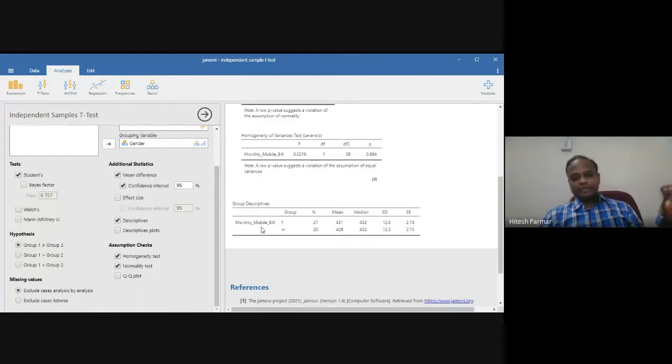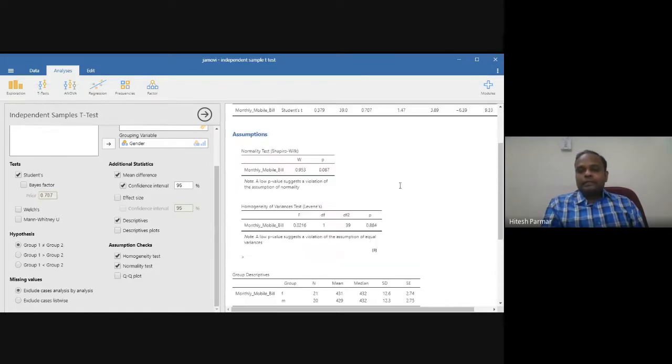So group statistics, the female respondents mean is 431 and male respondents mean is 429. A slightly higher female respondents mean we have observed. So by looking at the sample statistics, we can say that, okay, fine, the female group's mean is a little bit higher than the male group's mean, but whether the mean difference is significant or not, that we need to check.